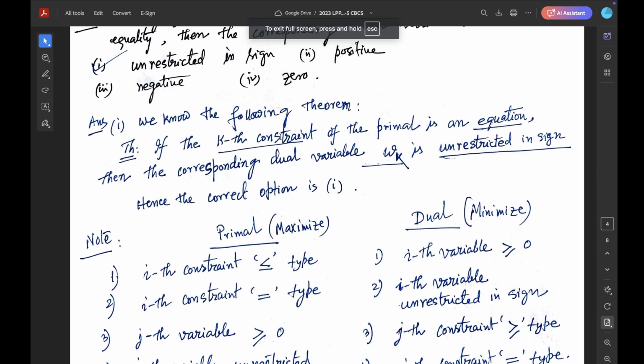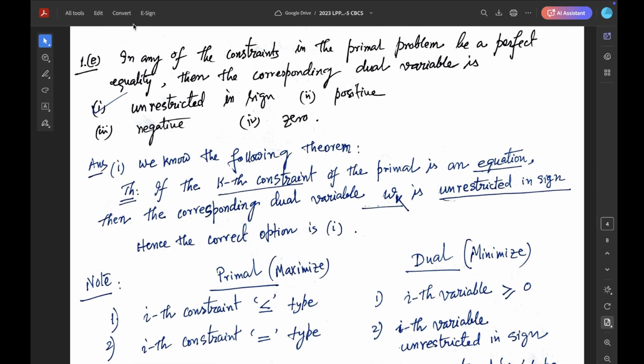We know the following theorem from the duality chapter: if the kth constraint of the primal problem is an equation, then the corresponding dual variable wk is unrestricted in sign. Hence the correct option is 1, unrestricted in sign.